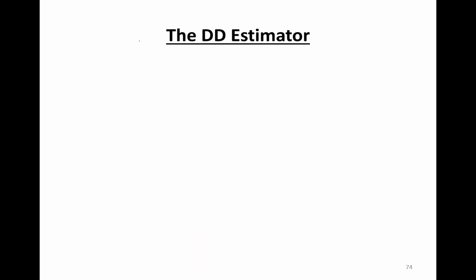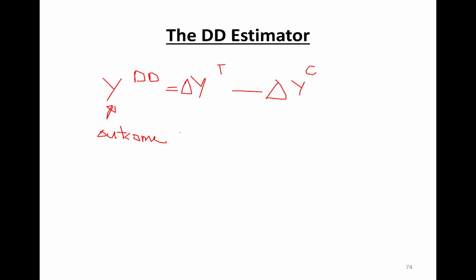And I just want to give you the general difference in differences estimator. This Y is any outcome we are looking at. It could be labor force participation rate. It could be unemployment rate. Anything, okay. So you need to do the change in the treatment group, delta, minus the change in the control group, where the policy change didn't happen.